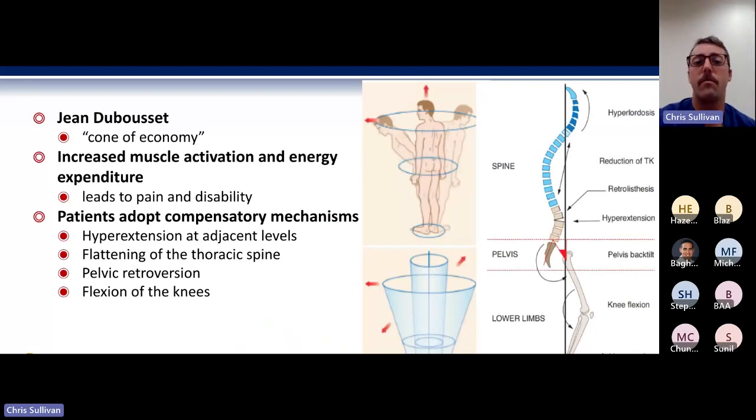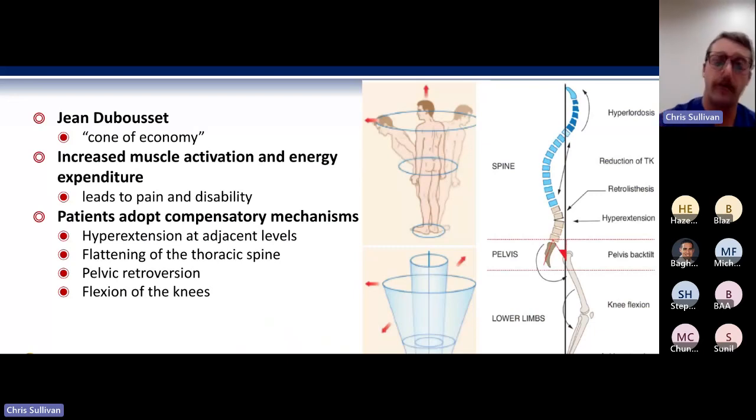As more deformity comes into play and you vary outside of that minimal cone of economy, there's increased muscle activation and a significant increase in energy expenditure, which eventually leads to pain and disability.